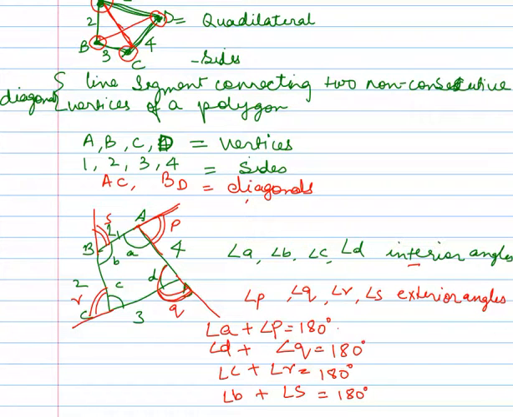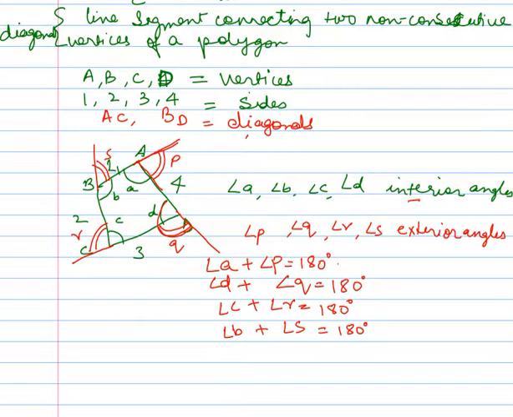Now we will see what is a convex and a concave polygon, right? Convex polygon and concave polygon.